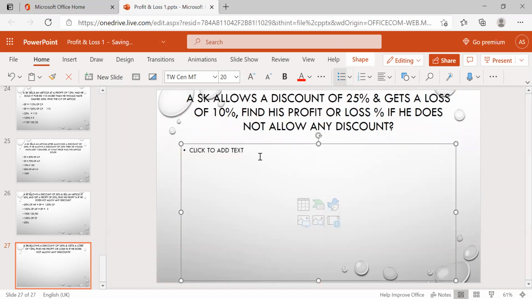Check this first. How are we going to solve this? In the same manner. First of all, they gave 25% discount on mark price. That means 75% of mark price is equal to selling price.